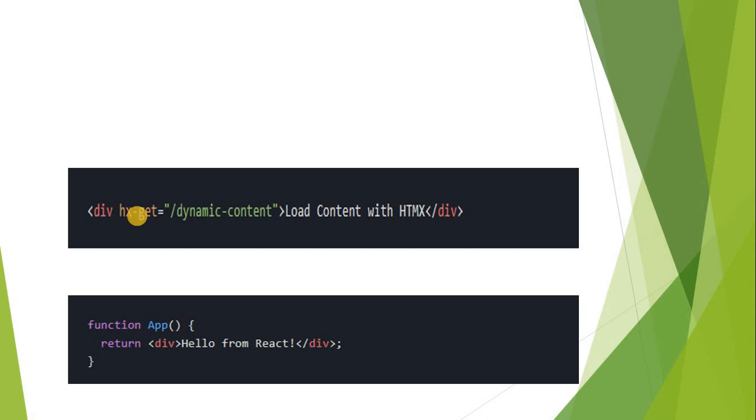But in HTMX, we have to add different attributes to apply any particular logic or to call any API. If we want to call any API using a GET request, we have to use the attribute hx-get, and then specify the specific URL or route if you want to go to that particular page or component.